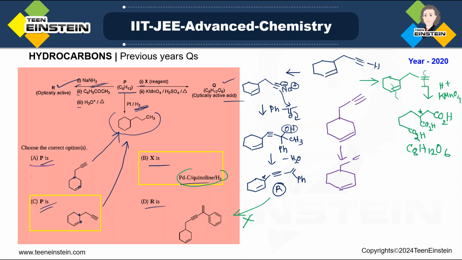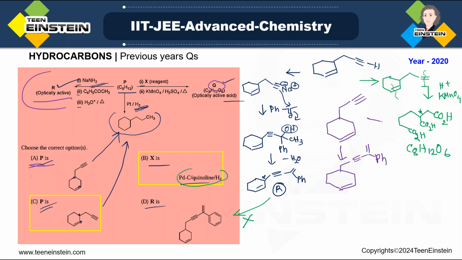It will now match with option D, and that is fine. But just check, is it optically active? Yes, this is also optically active. If you start from option A, the structure of P, you are getting the correct result on this side. Option D seems correct. But what about Q?